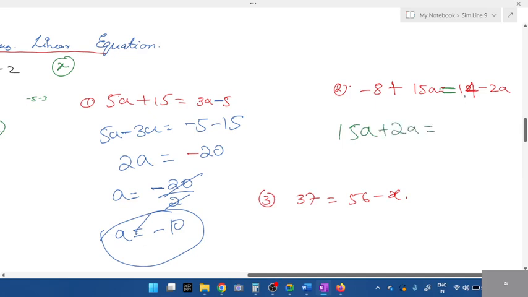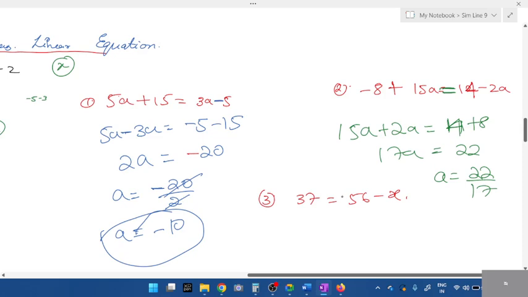Plus 2a is equal to 14 is already there. Which one goes to the other side? It becomes, so 15 plus 2 17. 14 plus 8. What is a value? 17. You can't reduce, right? This is the final answer. That's good.